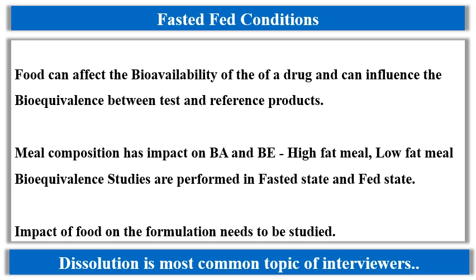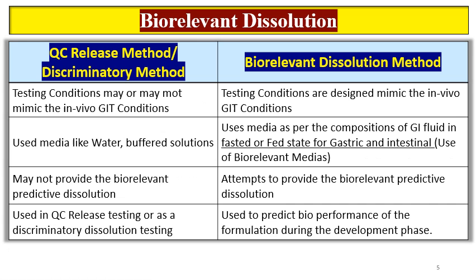That's why the impact of food needs to be studied. Then coming to biorelevant dissolution and the difference between the QC method, discriminatory method and biorelevant dissolution method: what are the differences and what are the similarities?